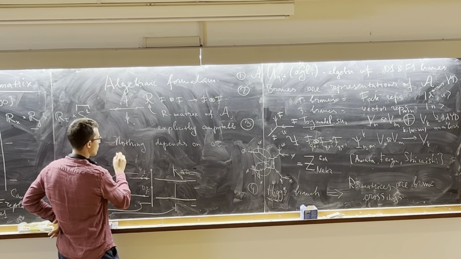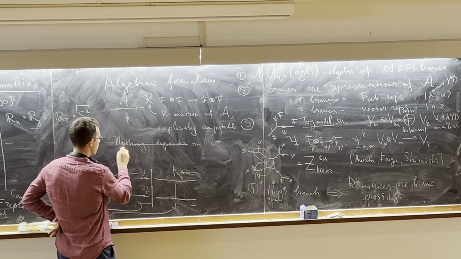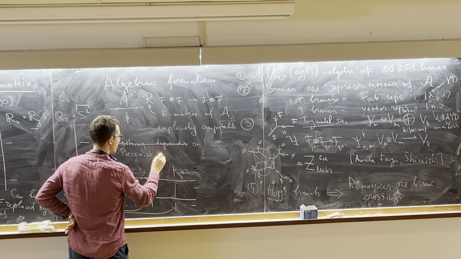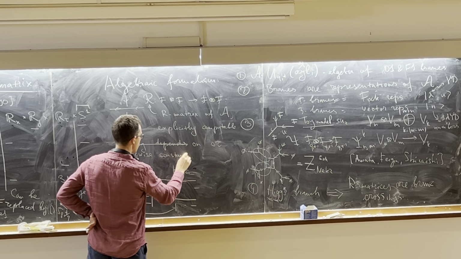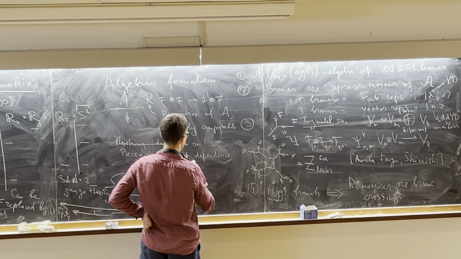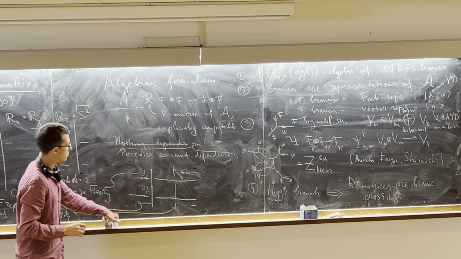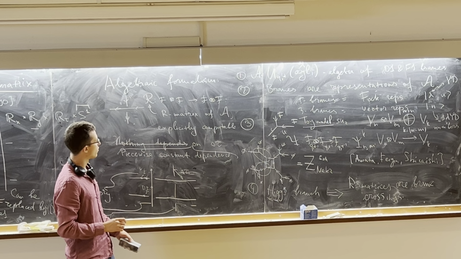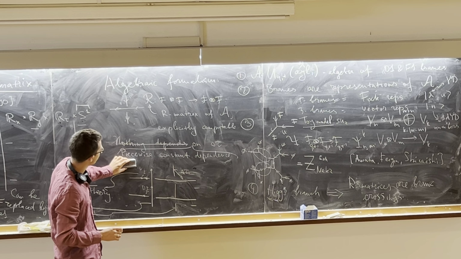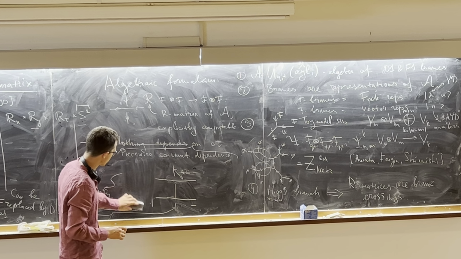So in fact, I should say there is a piecewise constant dependence on delta tau. What does it mean, piecewise constant? So if delta tau is positive, this is going to be the R matrix. If delta tau is negative, it's going to be the inverse R matrix.